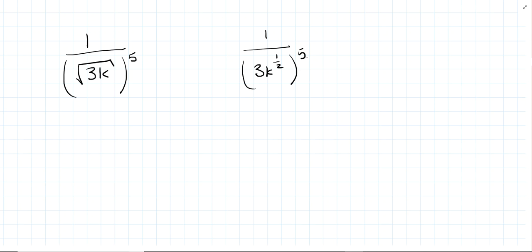What's the issue with what I've just written? You need to put brackets around 3k. Yes. You will notice that the root is around the whole 3k. Therefore, the power has to apply to the whole of the 3k.